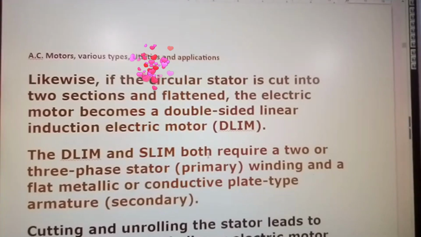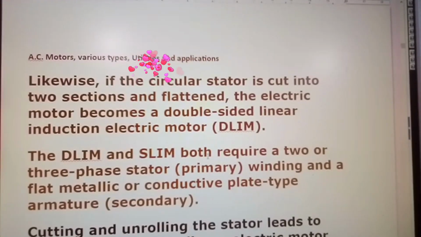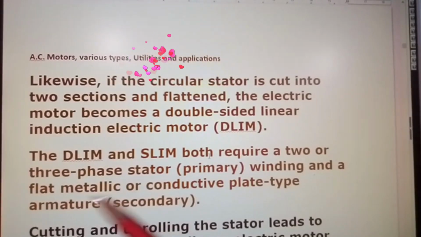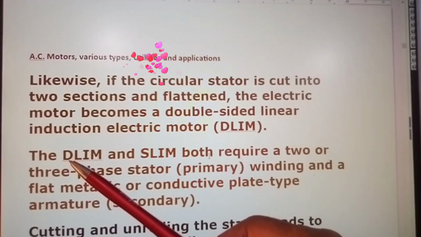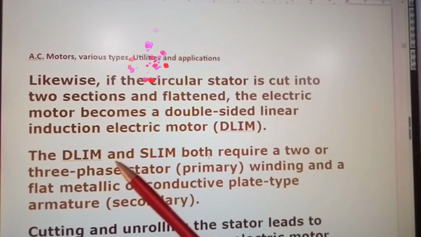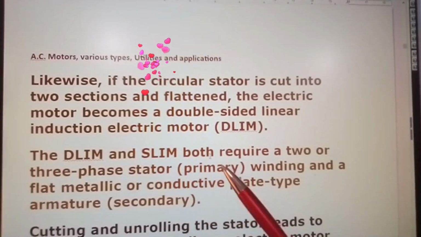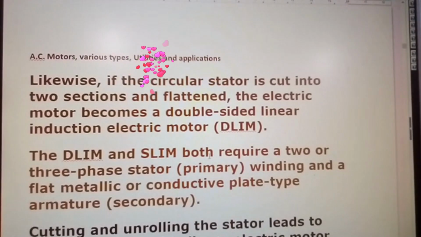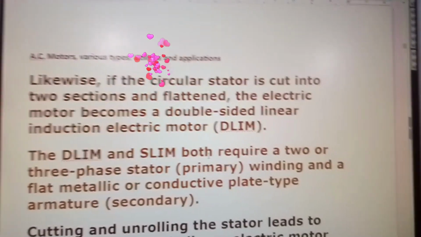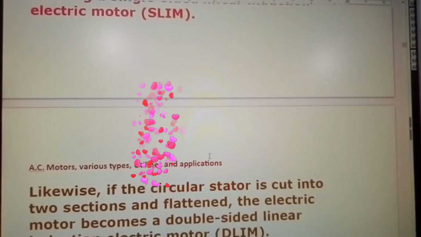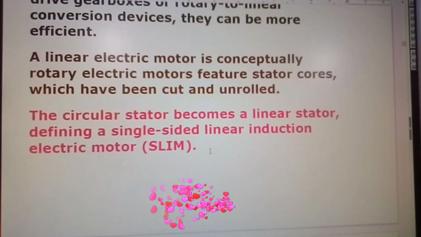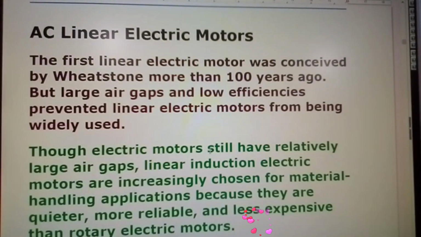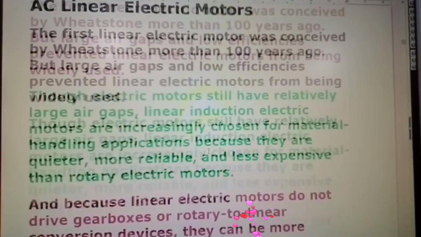Now here they're just telling you what they've done with the motor and what it would look like. So you now need to look for DLIM and SLIM in regards to types of motors. And to be sure, keep in mind the type of motors we are looking at: AC linear electric motors.